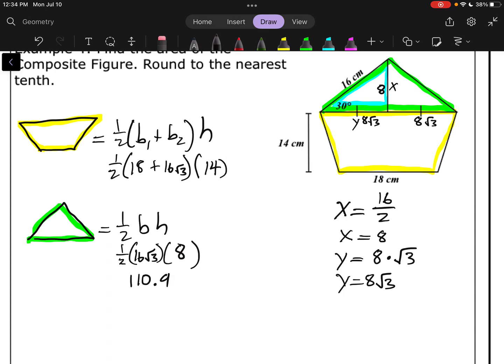And now let me do the trapezoid. I'm going to do 1/2 times 18 plus 16 root 3 times 14. And I'm going to get 319.98, so I'm just going to say 320 if we round to the nearest tenth.